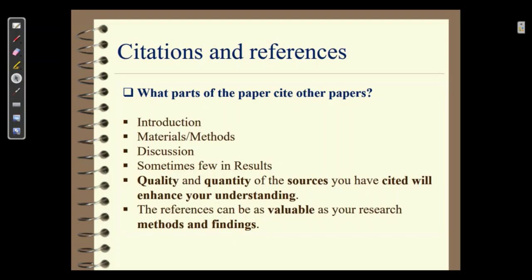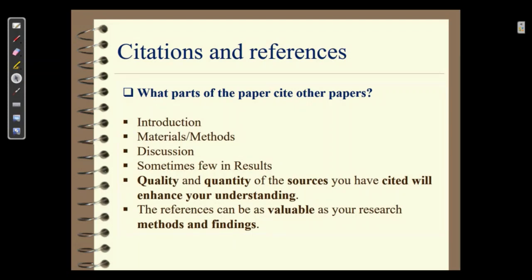And in materials and methods, sometimes you have to follow the other methods as well. For example, in most perovskite solar cells, the fabrication of the spiro-OMeTAD or the electrode is almost the same. So we have to cite those already existing references or articles.